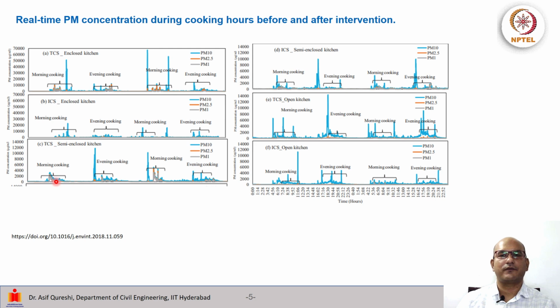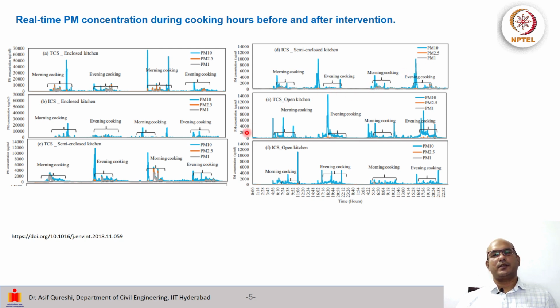Here we have almost similar peaks, here also almost similar, and here a little bit different, we have a larger peak actually. So in terms of PM10 there was not much difference, but what we can see is in the PM1 and PM2.5 emissions, this gray and orange line and this gray and orange line here. So we do see a small decrease in the PM2.5 and PM1 emissions.